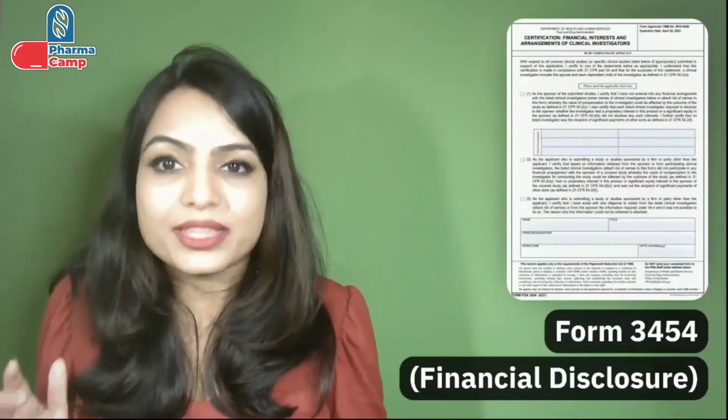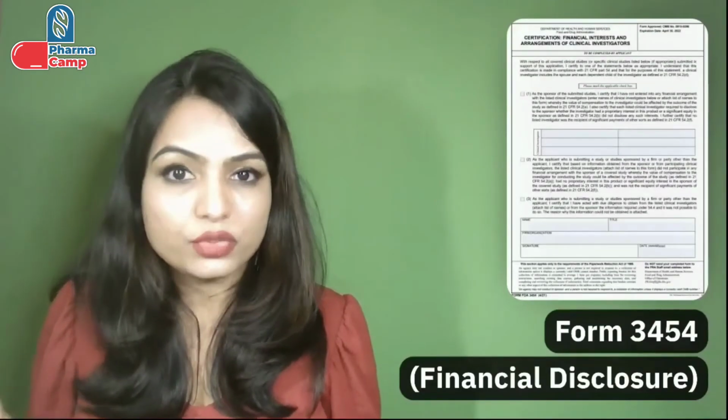And not only me, but if my spouse or any dependent family member holds such equity, I can be biased towards it. That's why this form was introduced, so that such information needs to be disclosed by the investigator to FDA to avoid such biases during the clinical studies.